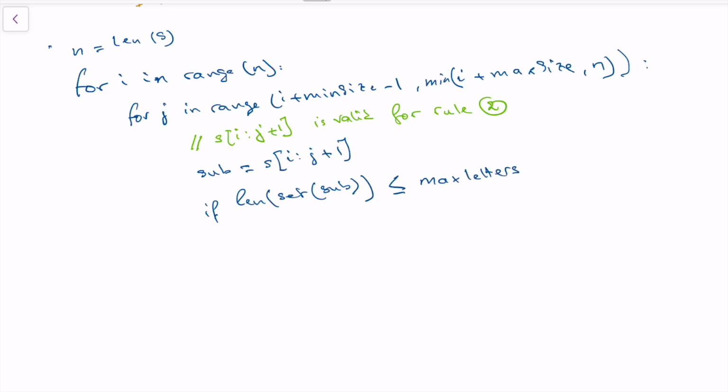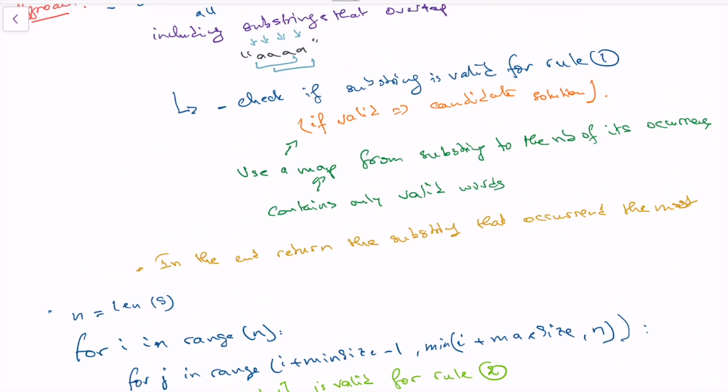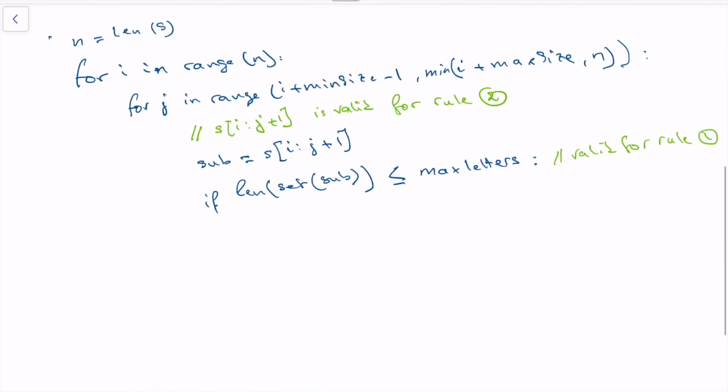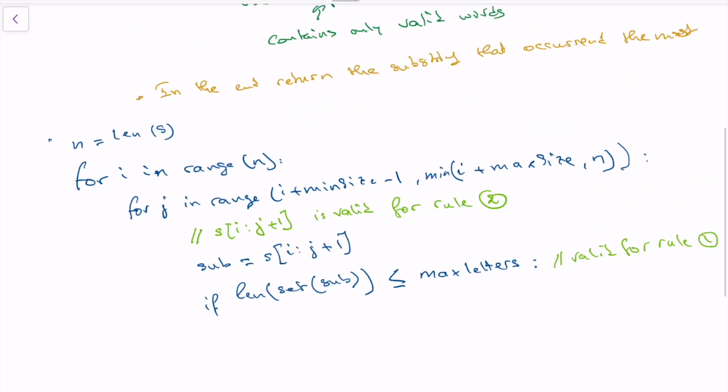Now, if it is valid, this means valid for rule 1. So if it is, we're going to use a map that keeps the number of occurrences of the substring, because at this point it's valid for both rules, so it's a possible solution. And so we need to have a map here that stores these.